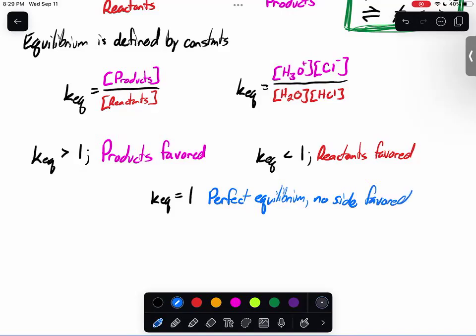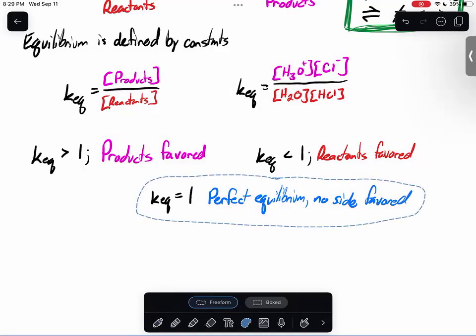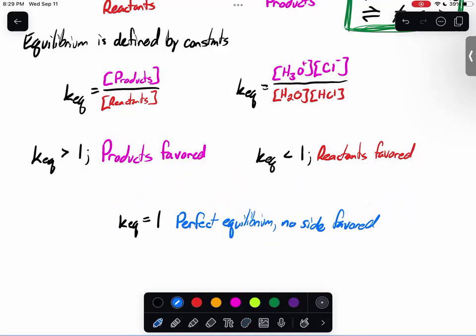All right? And to put that in terms of concentrations, right, because we can make these definitions a little more visual with our reaction. For KEQ is greater than 1, like we said before, concentration of products is greater than concentration of reactants.